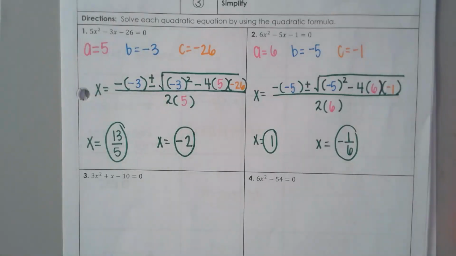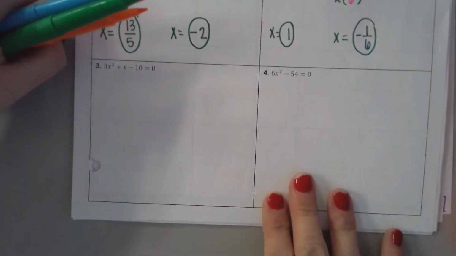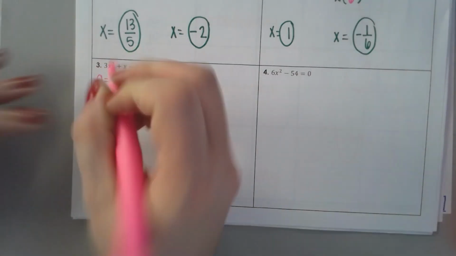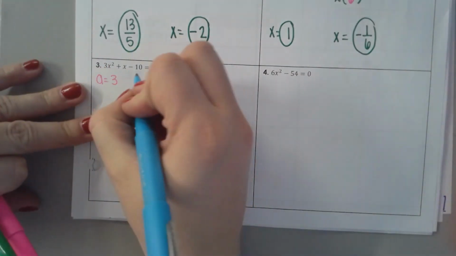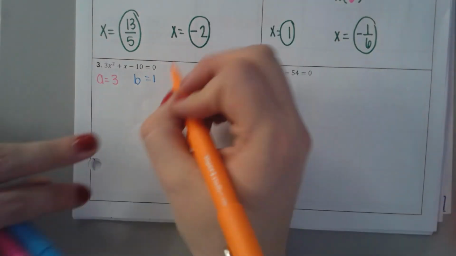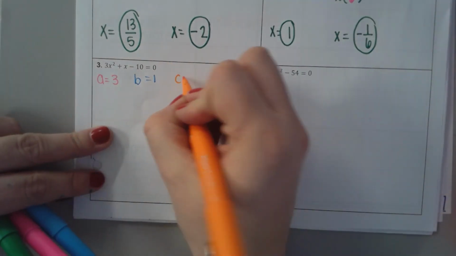Alright, let's go to number 3. What's A? 3. What's B? 1. And what's C? Negative 10.